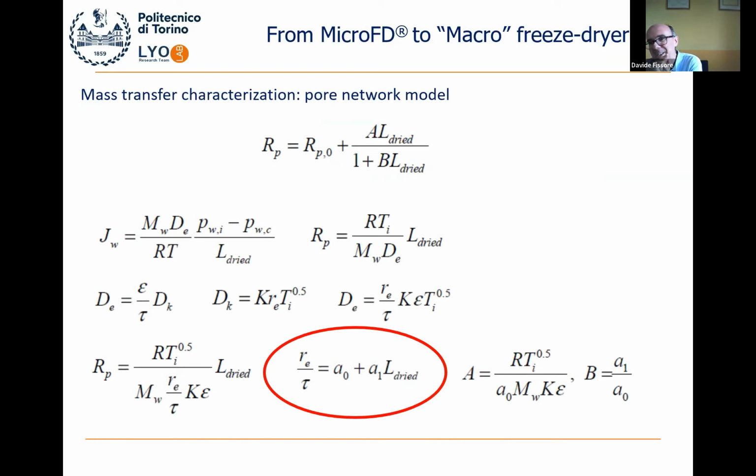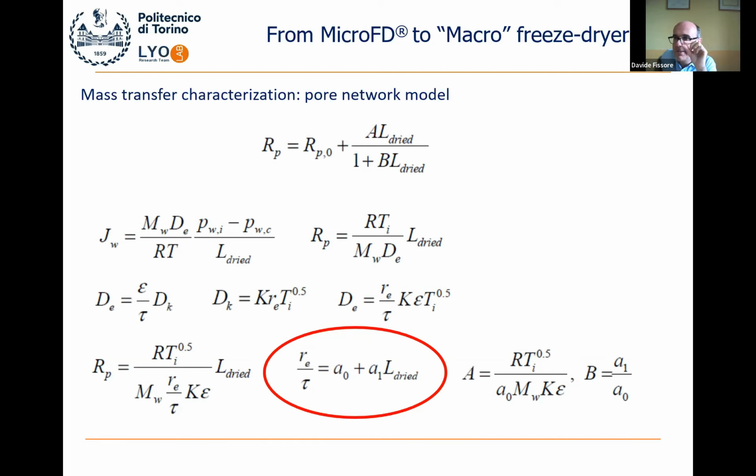If you consider a product like sucrose, where the dependence of the resistance shows the typical asymptotic behavior, it means that A0 is significantly higher than A1, and you will get an almost flat curve.